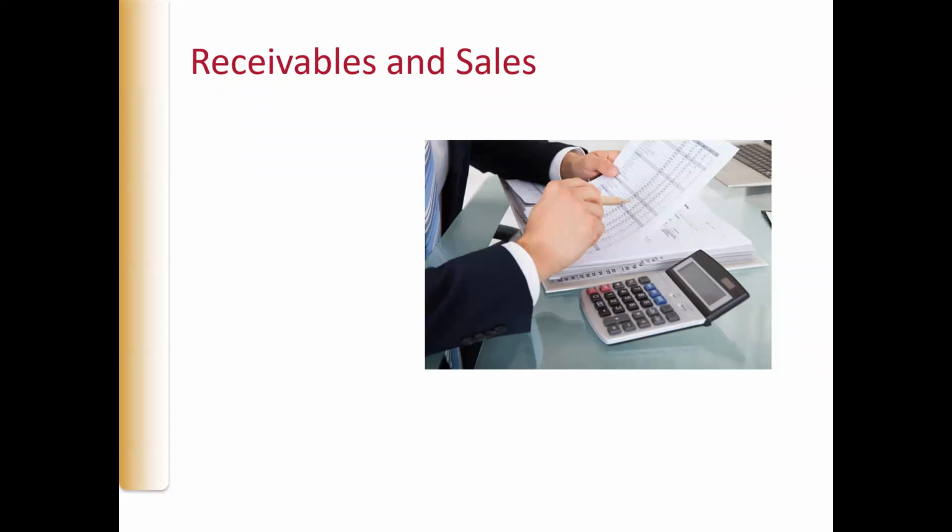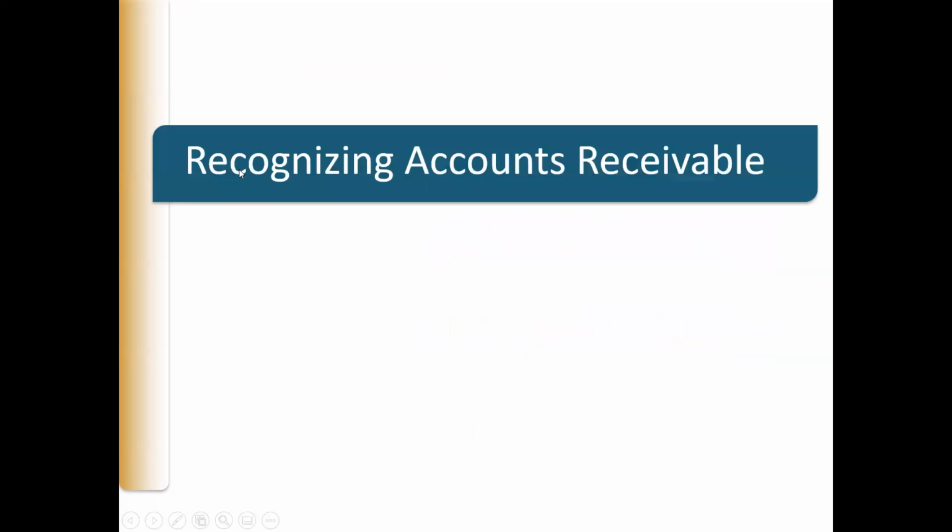But quite often with large companies, they have what's called a receivable, which means in order to stay with customer standards or company standards, oftentimes they allow customers to pay within 30 days or 60 days. It's a receivable. So today we're talking about receivables and sales.